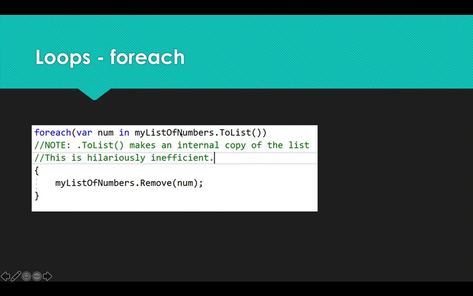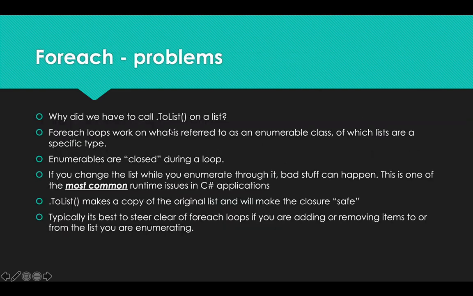So we do this .toList to actually make a copy of my list of numbers so that we don't run into weird situations where we are removing or somehow modifying the list as we're trying to enumerate over the list.